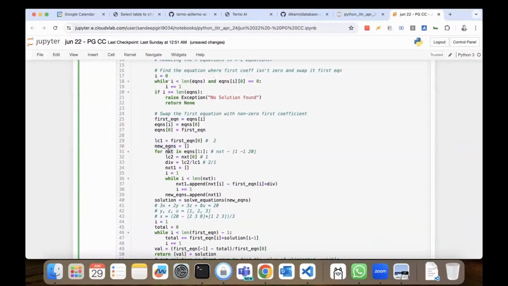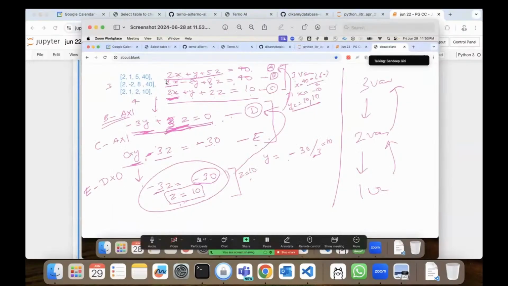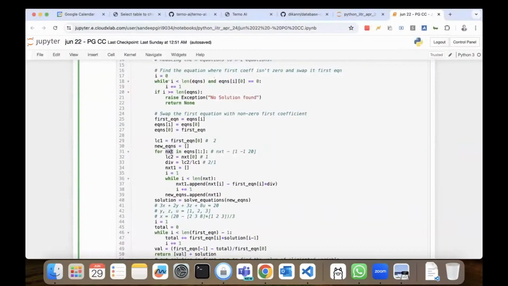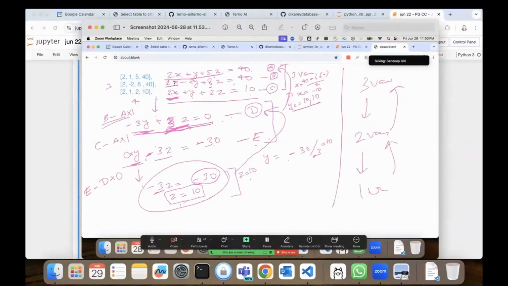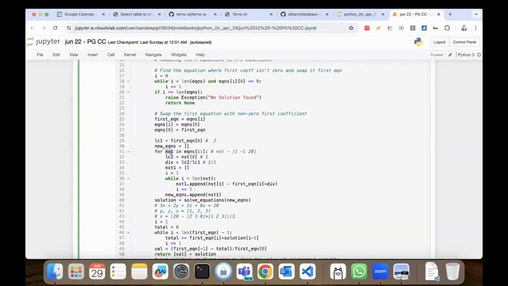Next, we are iterating over each of the others. You can see next equation in equations[1:], meaning pick all the equations from the first index onwards, one at a time. So next becomes 2x minus 2y plus 8z equals 40.